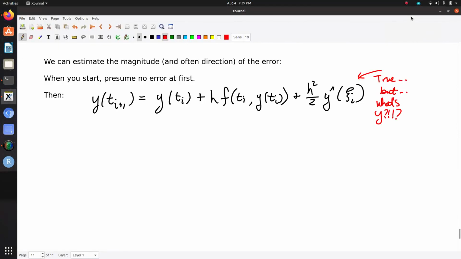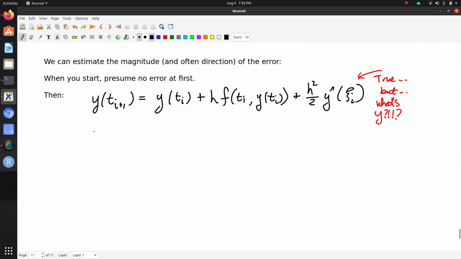Okay, so we can estimate the magnitude and sometimes the direction of the error. When you start, first of all, you presume there's no error, and then you make the assumption that with each step, if the previous step were right, you're going to accumulate more error. So here's the official true statement that is somehow meaningless because we don't even know what y is, but that's our baseline, right?